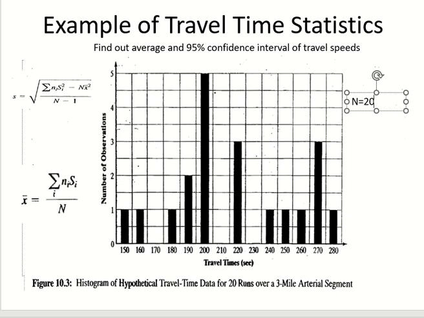So give me the mean now. What is the mean? Now for the 95% confidence interval of speed, we are using the same equation: mean plus minus 1.96 E. Should I calculate E here?